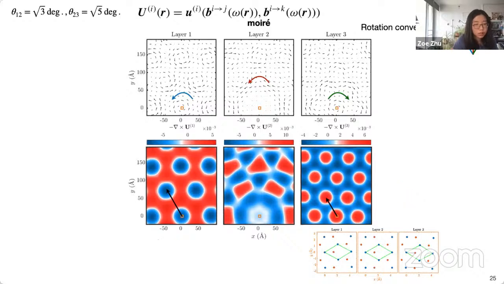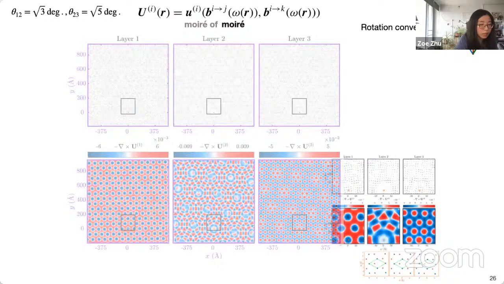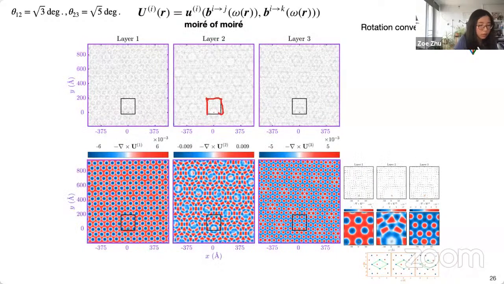Now if we zoom out even more, the black box right here corresponds to the view that we just saw. And now we see an even larger scale emerging, which is the moiré of moiré. So this is showing that there is large-scale relaxation, and domains will form on this large scale as well.